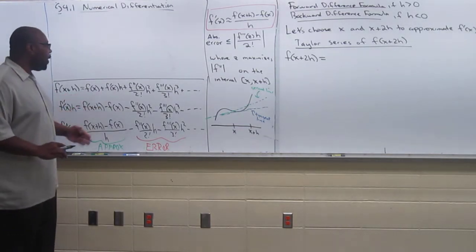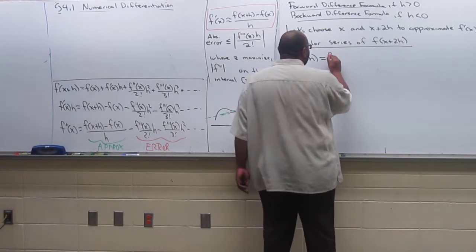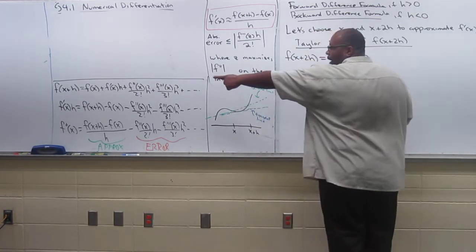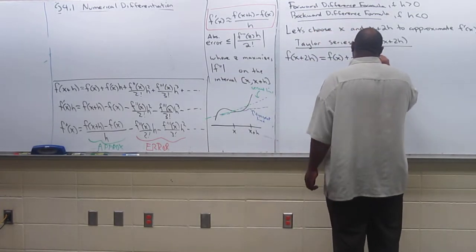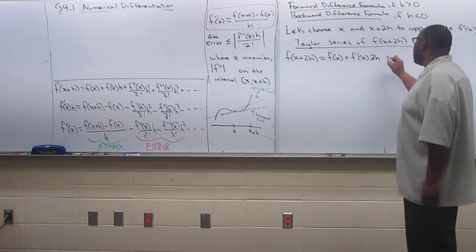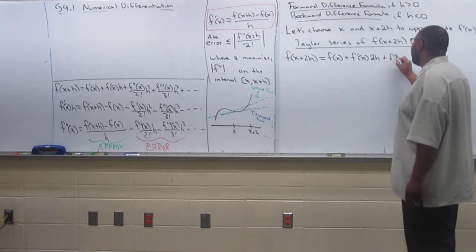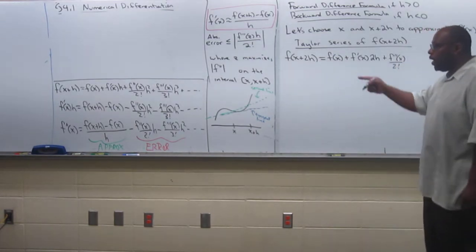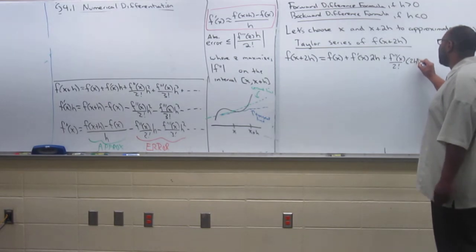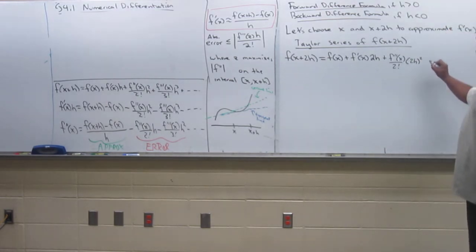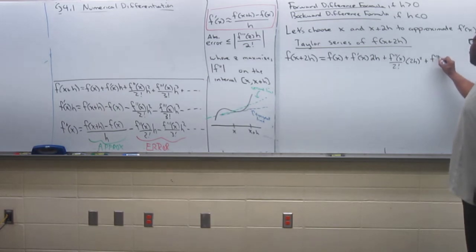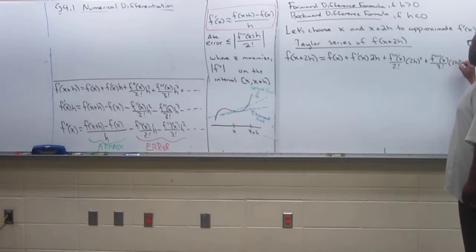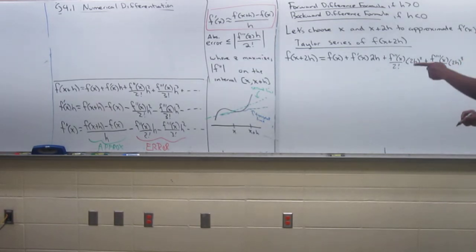So f of x plus 2h equals f of x plus f prime of x times, here I have h, I'm going to replace it with 2h, plus f double prime of x divided by 2 factorial times 2h squared instead of h squared, plus f triple prime of x over 3 factorial times 2h to the 3rd power instead of h cubed.